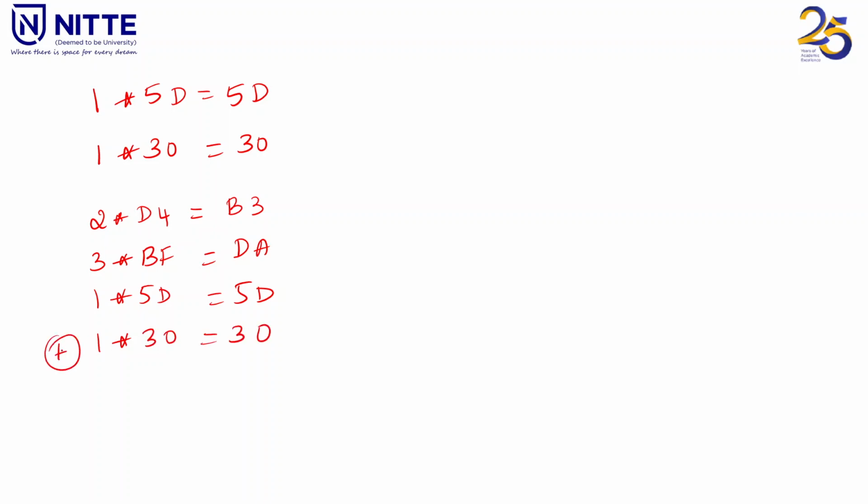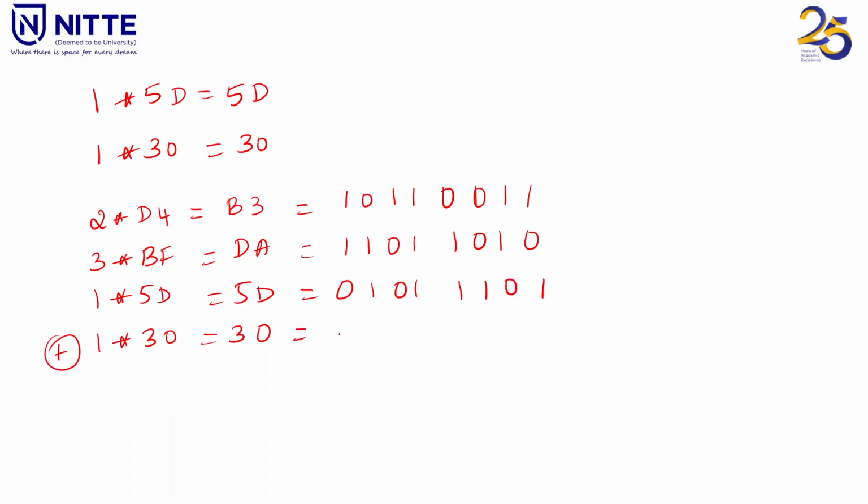So I have to perform the XOR operation with all these numbers. I will represent them in binary: 1 0 1 1 0 1 0 1, 1 1 1 0 1 1 0 1, 0 1 0 1 1 1 0 1, and 30 is 0 0 1 1 0 0 0 0.